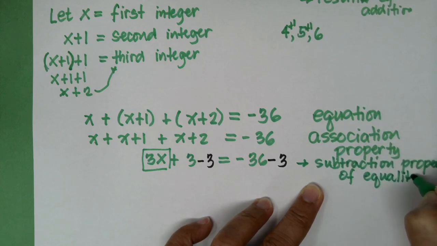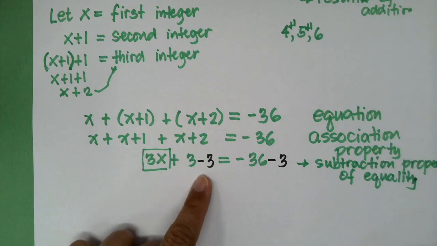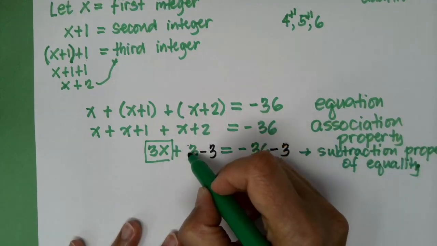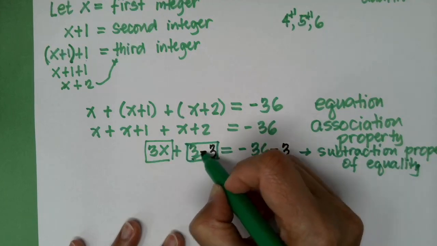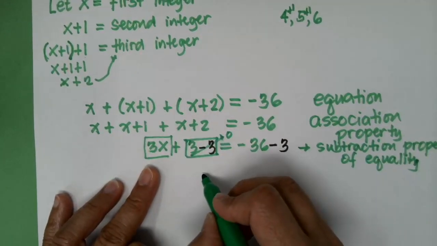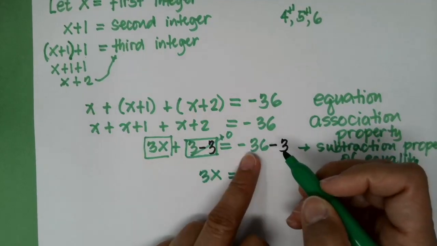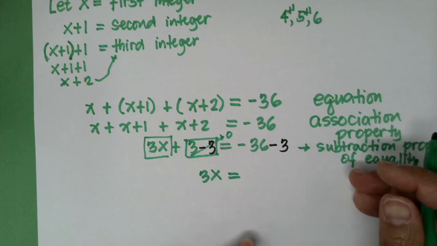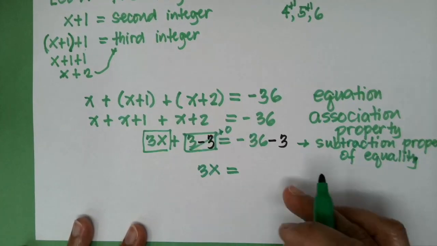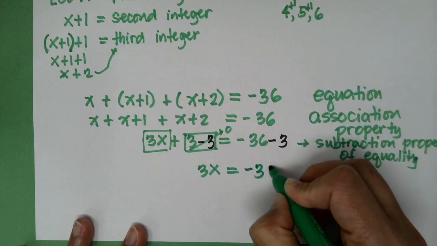All right, simplifying, we now have 3 minus 3. This part here will just be equal to 0. And what's left is just simply 3x. And that's equal to, now we have negative 36 minus 3. That will be equal to negative 39.